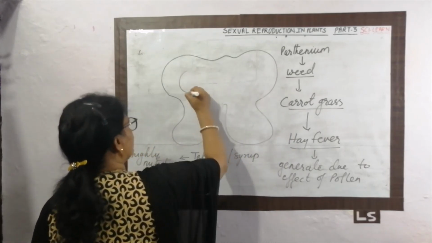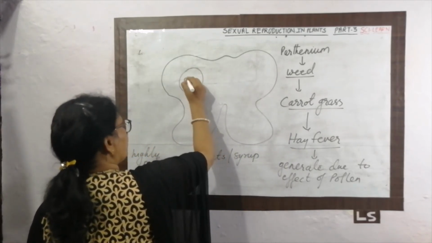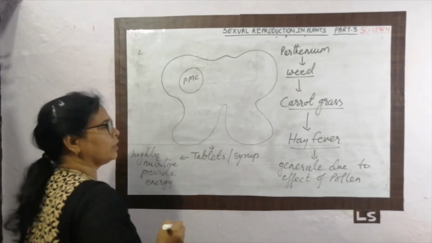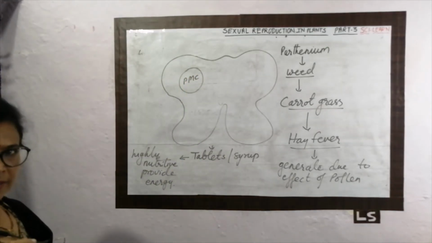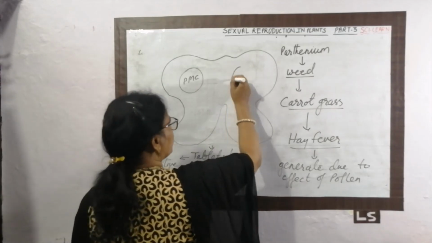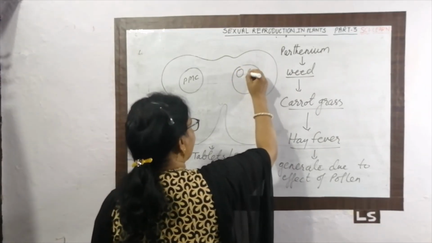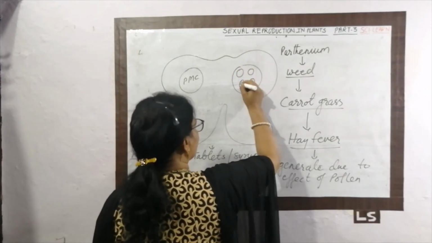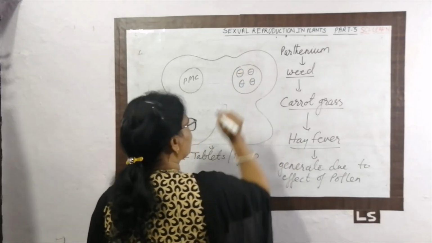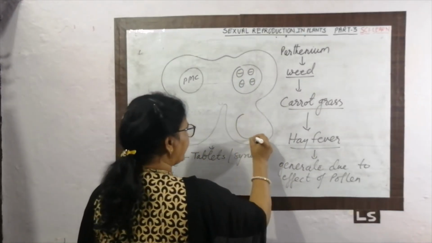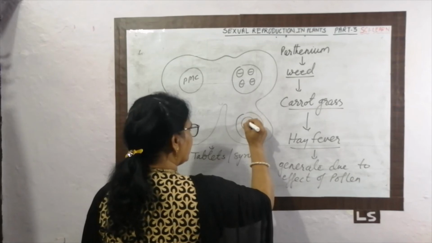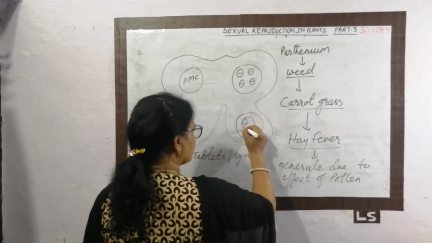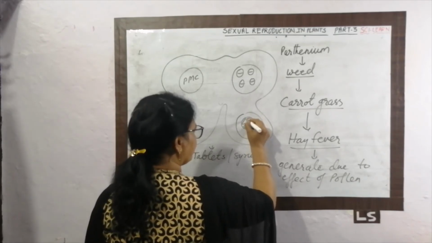Here is the microspore mother cell, a potential microspore mother cell. This microspore mother cell divides to form the microspore dyad. This microspore dyad gets converted into a microspore tetrad.